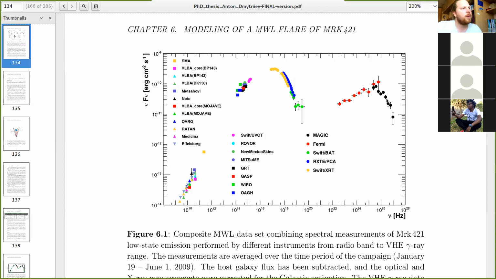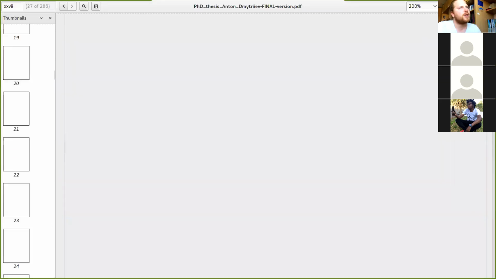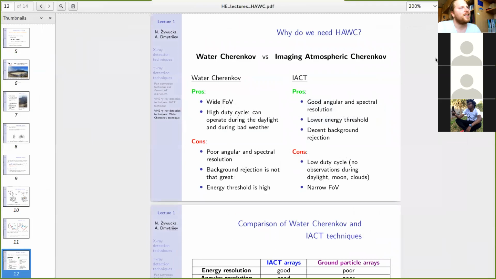So sometimes instruments are interested in measuring when there is no activity happening, for these specific reasons, to be able to connect low and high states. If your Cherenkov telescope is sensitive enough to these fluxes in the low state, then no problem, you can indeed measure these fluxes. Any other questions?